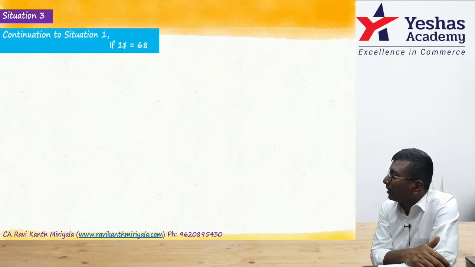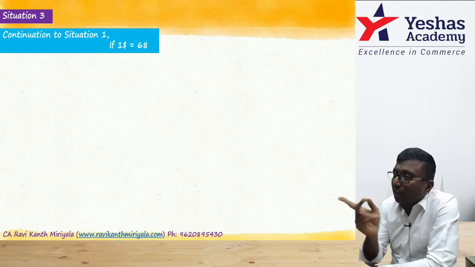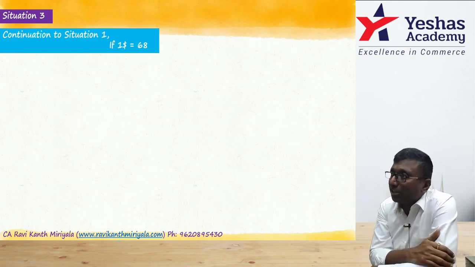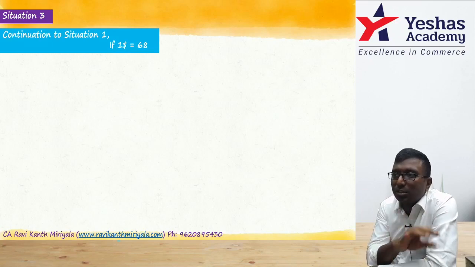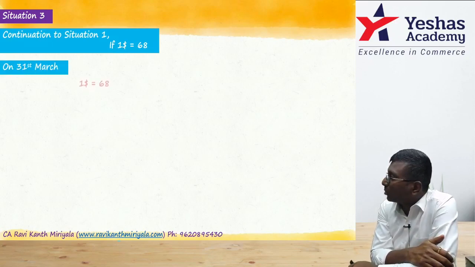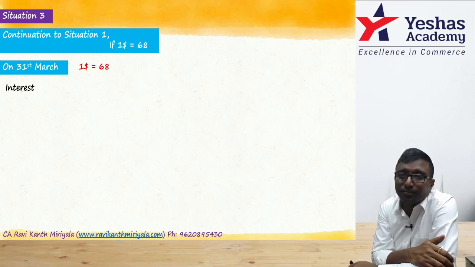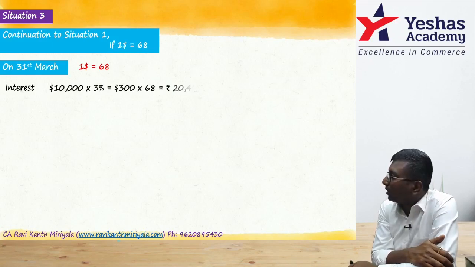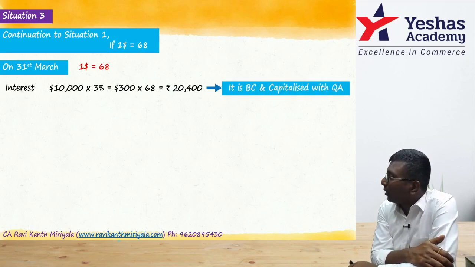Situation number 3 is this. Now the dollar rate, $1 is equal to 68. Why 72? It can become 68 also. So on 31st March, $1 is equal to 68. Interest is equal to how much? 20,400. Right. This is a borrowing cost and it will be capitalized.